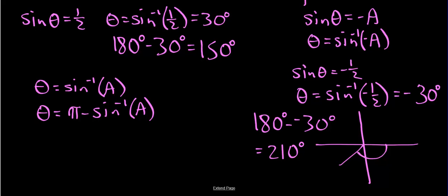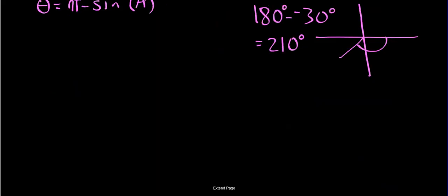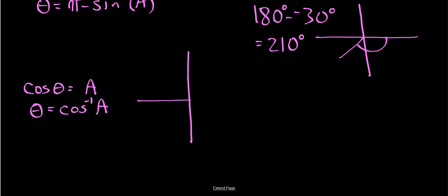Now let's look at cosine, and we'll look at the case where cosine is positive. So let's suppose we've got cosine theta is equal to A. Then theta is equal to inverse cosine of A. And that is right here in quadrant 1.